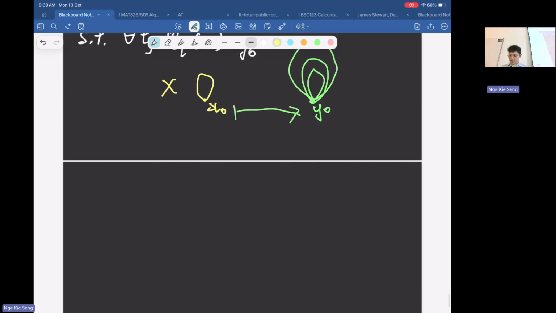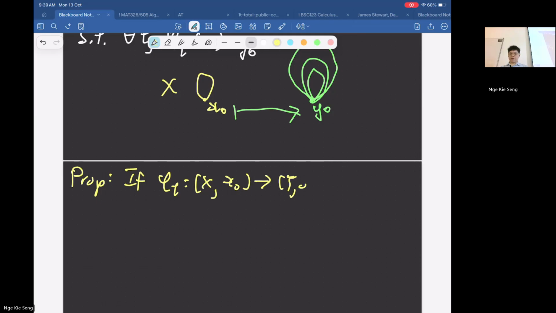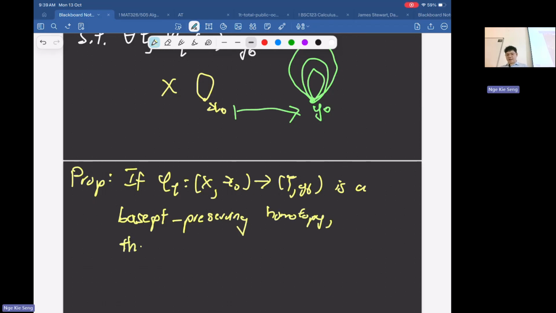So one proposition is if phi t is a base point preserving homotopy, then the starting and the ending point give the same induced map.